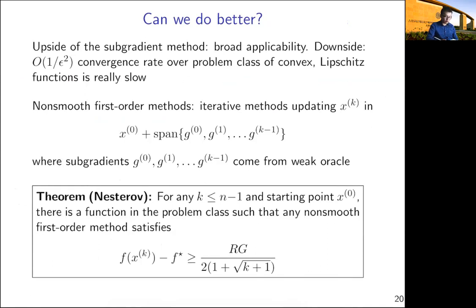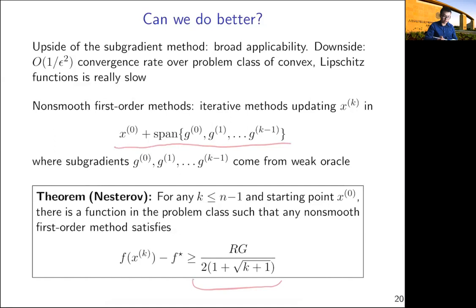Nesterov, in one of his seminal constructions, showed that among all the Krylov space methods that operate within the span of the sequence of subgradients produced by the algorithm, if you're only willing to assume that the function is Lipschitz, then there are such functions that are Lipschitz but not smooth, such that any such non-smooth first order method requires this many iterations to converge.